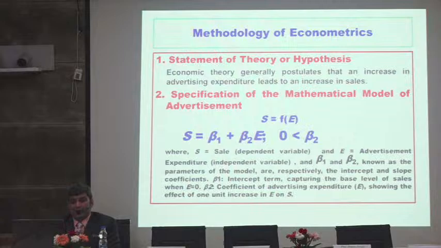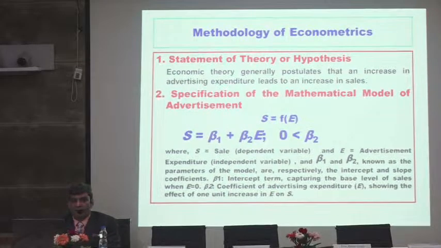S is equal to beta 1 plus beta 2 E. Beta 1 is the intercept: the sale when expenditure is 0. If we don't spend on advertisement, there will still be sales. Sales will not be 0. But when we increase the advertisement expenditure, sales will increase.